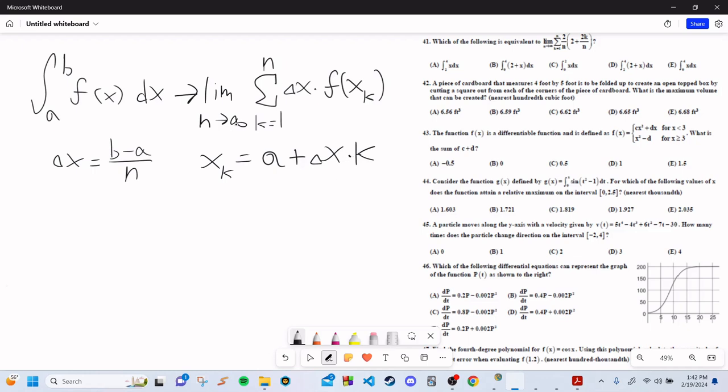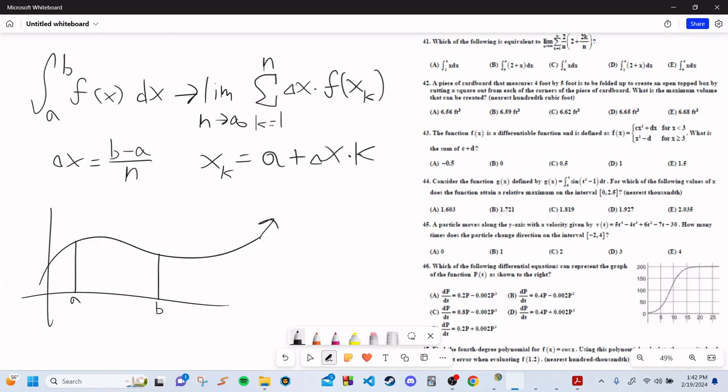And so what does all that mean? It's just like a bunch of letters. Okay, so the idea is when we have an integral, so say like this, between two bounds a and b. As n goes to infinity, think of n as the number of slices we're making.